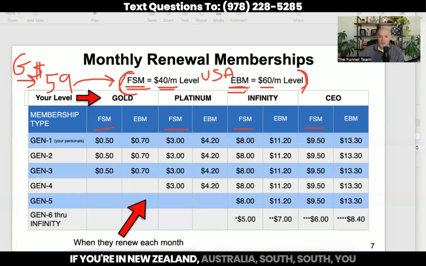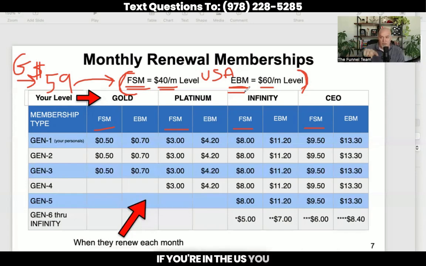If you're in New Zealand, Australia, South Africa, wherever you are, you'll be able to market here in the United States and bring on US-based members. And vice versa, if you're in the US, you can obviously market to international members. If you're international, you can market to international. So it's going to be wide open for you.